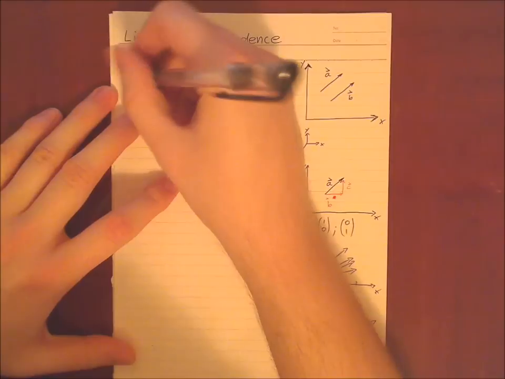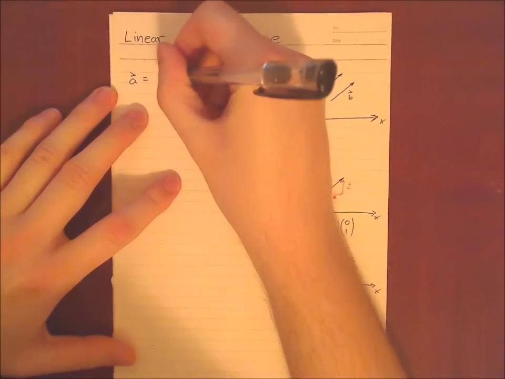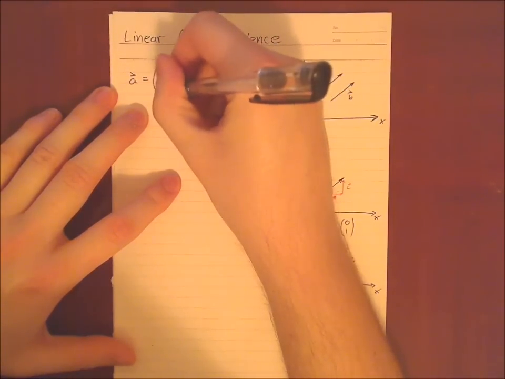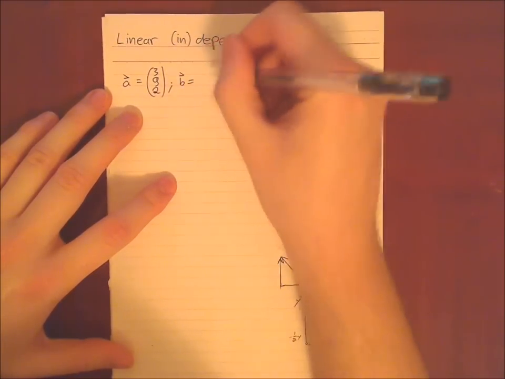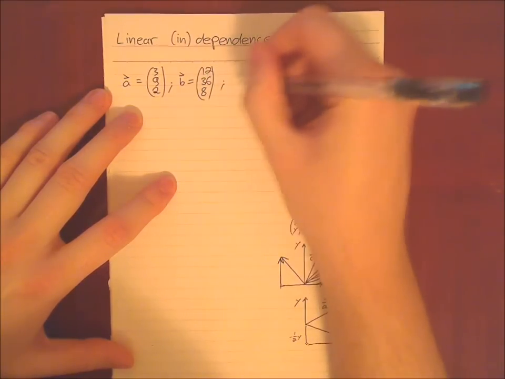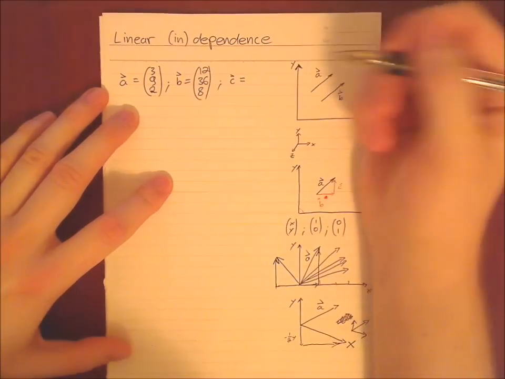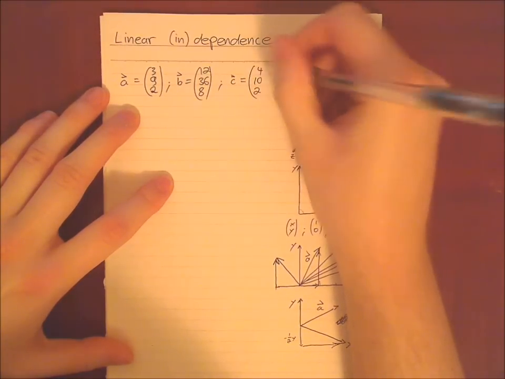So let's have a look at an example. We have 3 vectors given. A is 3, 9, 2. The next vector is B, which is 12, 36, and 8. Next one is C. C is 4, 10, and 2.